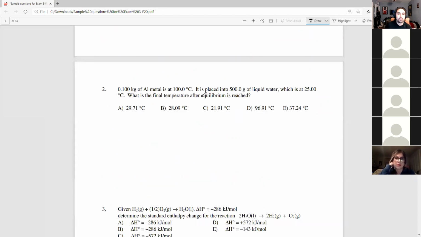Okay. So here we have 0.1 kilograms of aluminum metal that is at 100 degrees. It is placed in 500 grams of water, which is at 25, and we're asked to solve for the final temperature. So what equations am I going to be using?